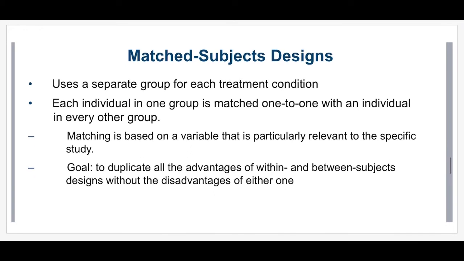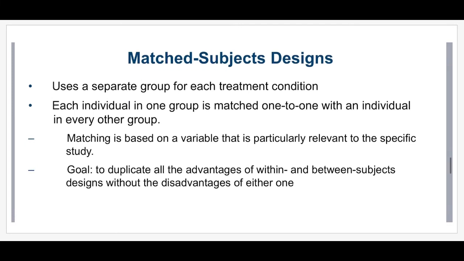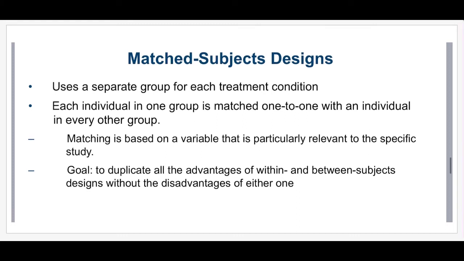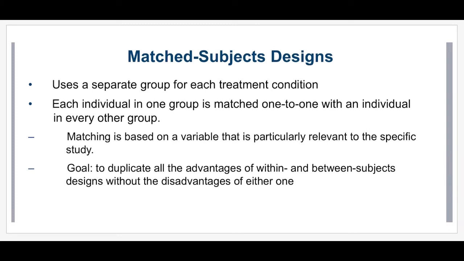What happens is you use a separate group of participants for each treatment condition, just like a between subjects design, but each individual in one group is matched with an individual in the other group on a certain variable, so that it's like they're the same person, even though they're really not. It has to be a variable that is particularly relevant to your study.